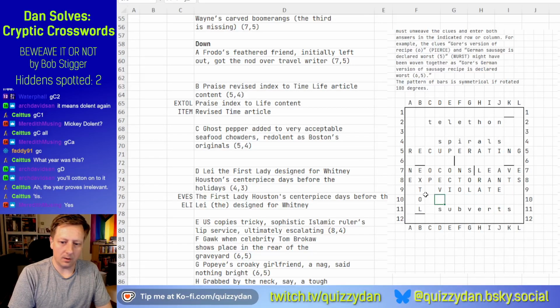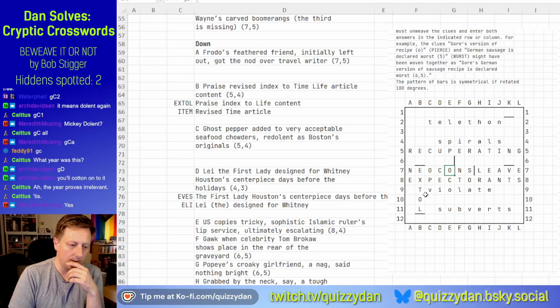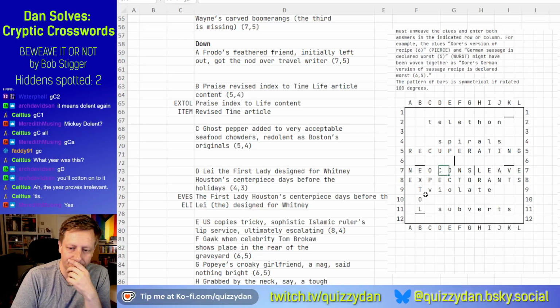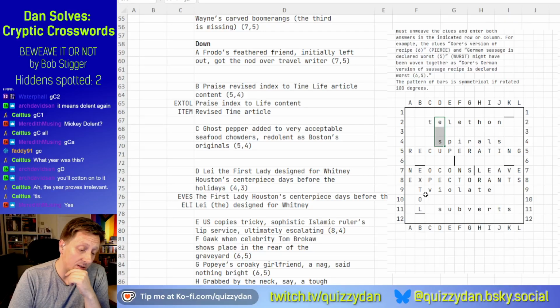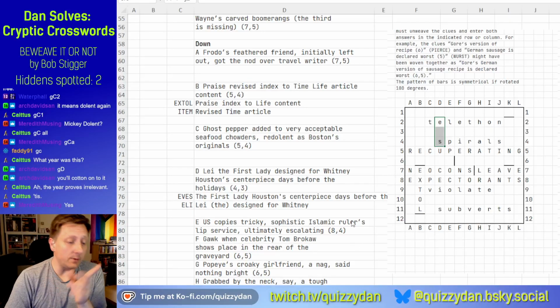Because that L-E-A-V... Oh, that V could go there. So we could have Eve's here. Okay, so I can't do that with violate yet, because that doesn't help with leave. And Eli will probably go here. There's still lots of options, but I at least know it's Eve's and Eli.